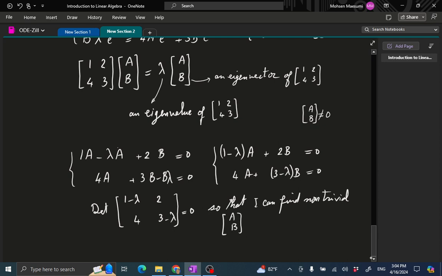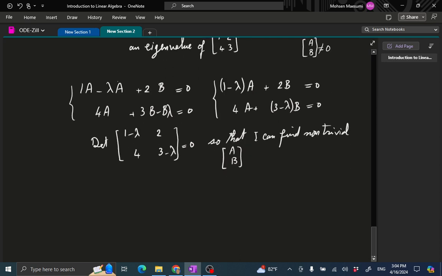If this is not the case, then a and b will both be forced to be 0. I don't want that. That doesn't give me any new insight. So I need the determinant to be 0.